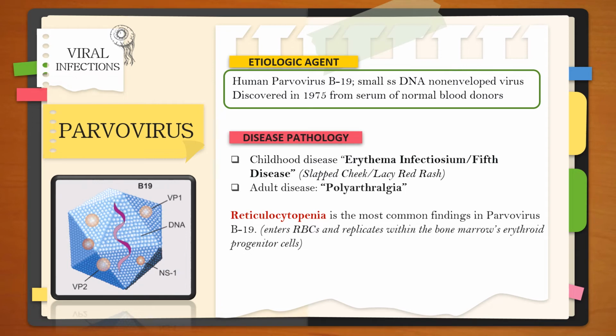This viral agent actually needs RBCs for its viral replication as a transport host, and the actual replication will occur mostly in the bone marrow's erythroid progenitor compartments. And this mechanism results in the most common finding in parvovirus B19, which is reticulocytopenia.